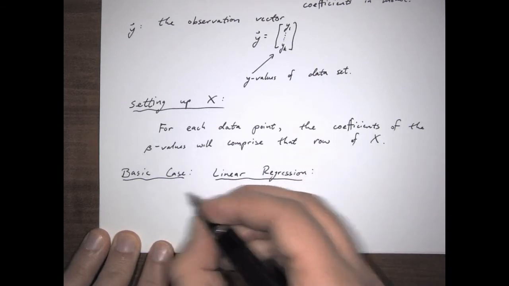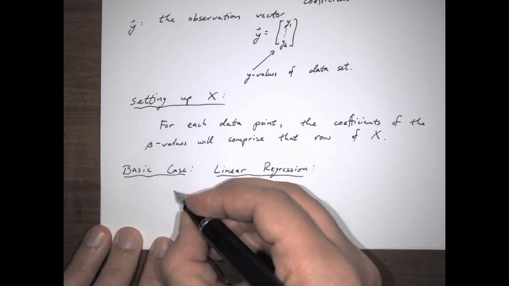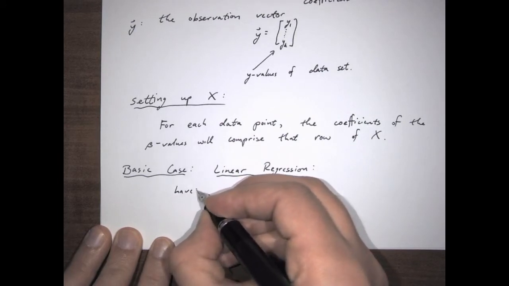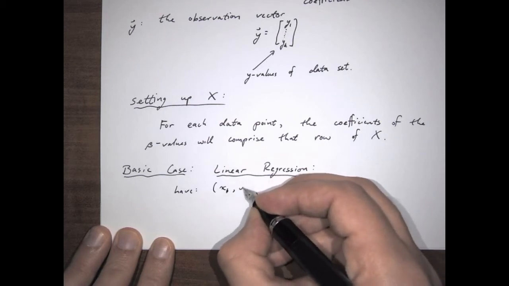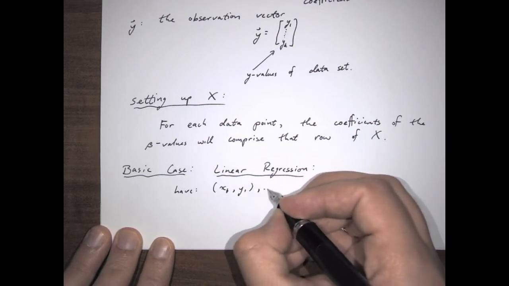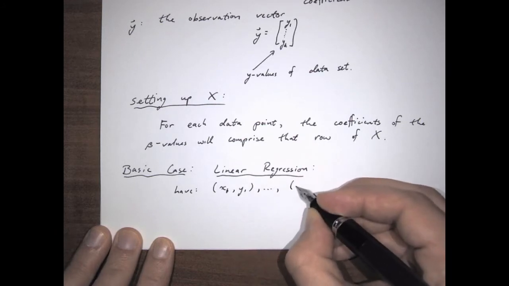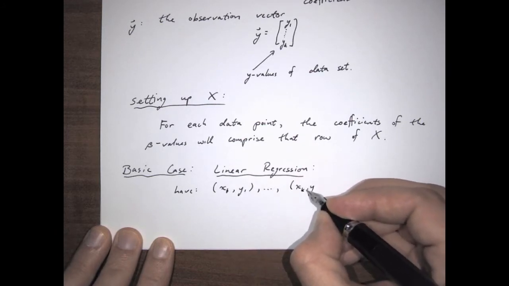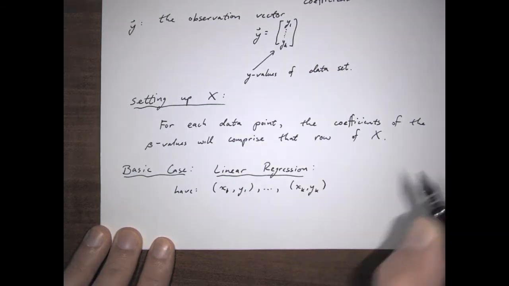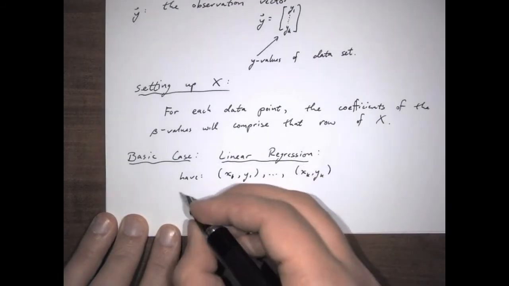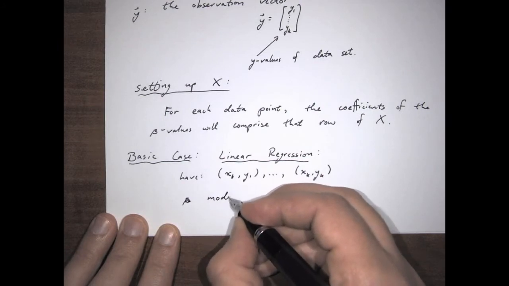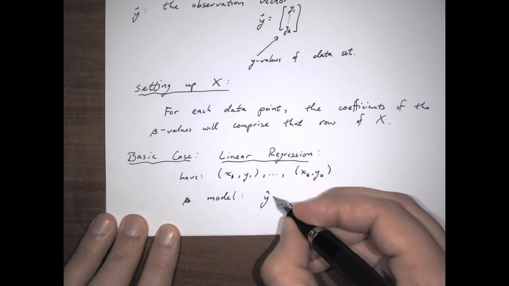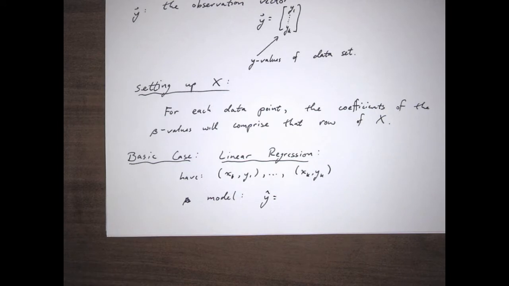Here we have x1, y1, up to xk, yk, and then the model here will be y hat, which is the way we typically write it, with a hat.